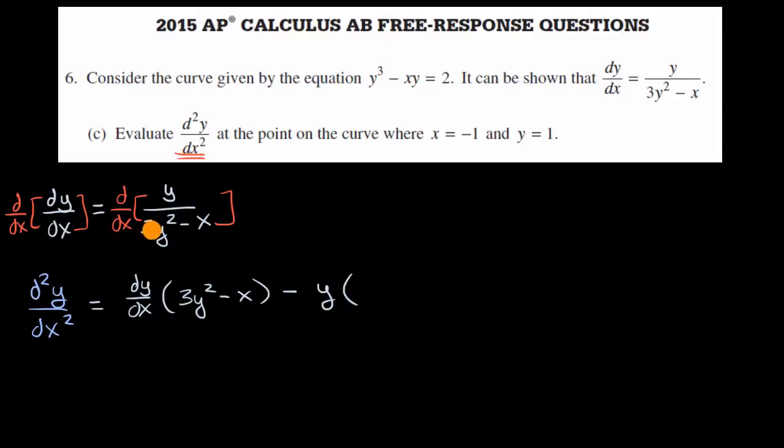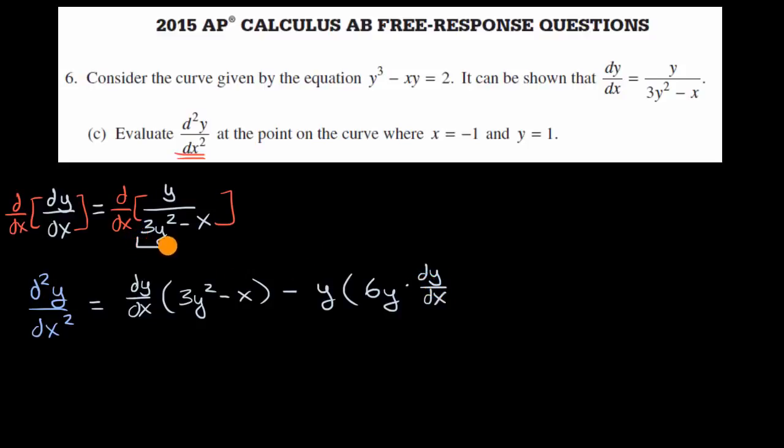Well, what's the derivative of this denominator with respect to x? Well, the derivative of 3y squared with respect to x, that's going to be the derivative of 3y squared with respect to y, which is just going to be 6y. I'm just using the power rule there, times the derivative of y with respect to x.